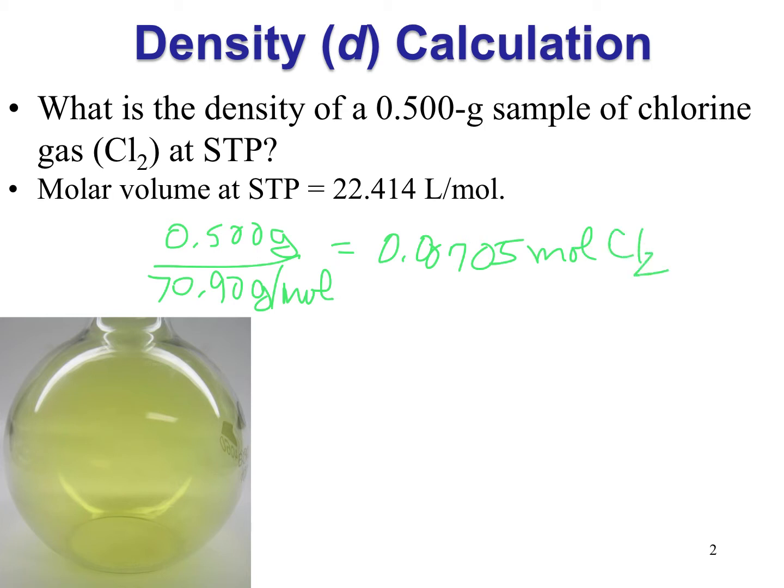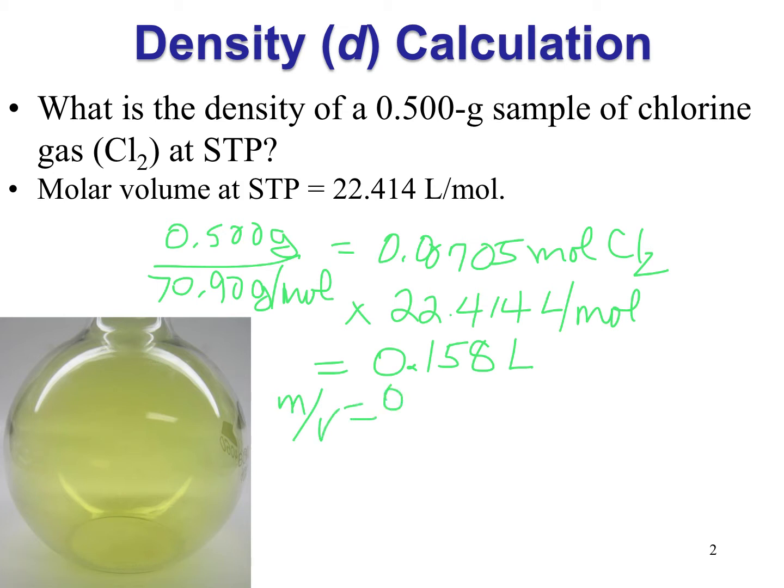Multiply this by the molar volume at STP, 22.414 liters per mole, and the volume is 0.158 liters. To get the density, take the mass and divide by the volume.